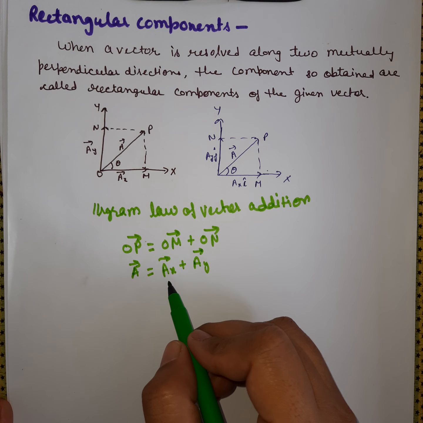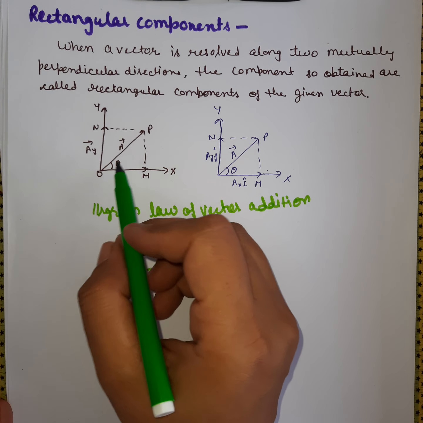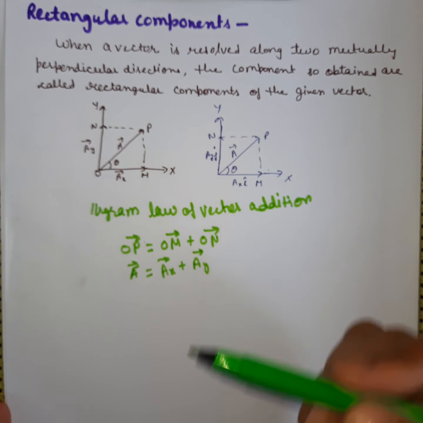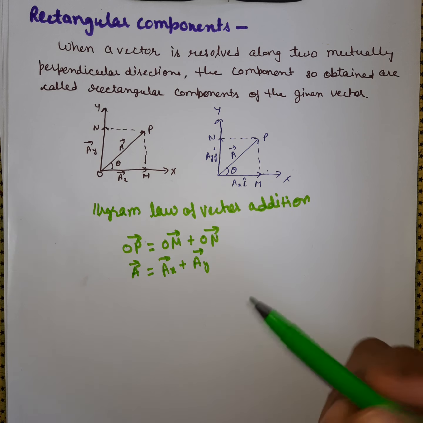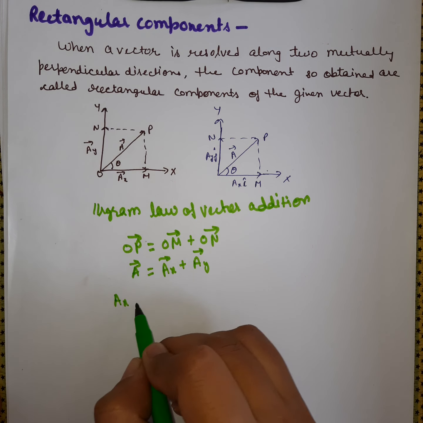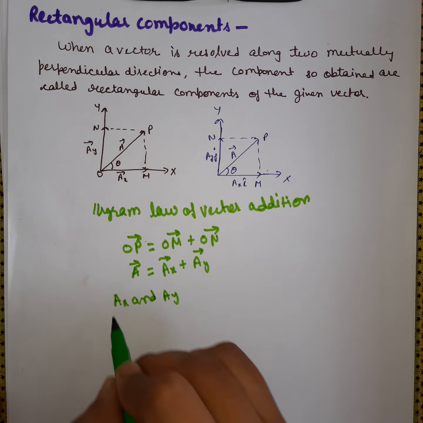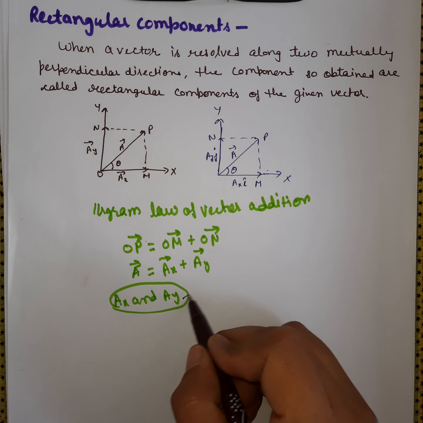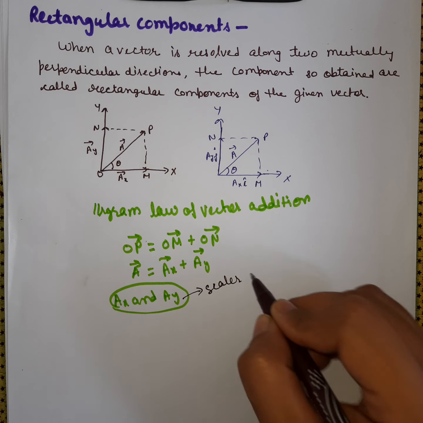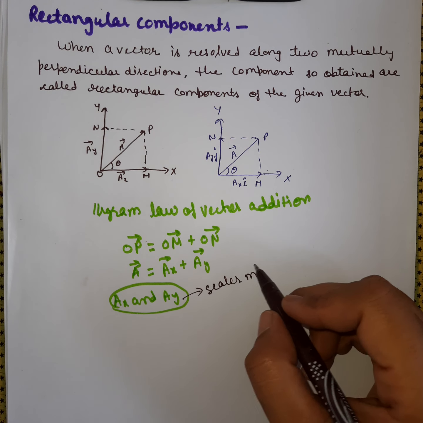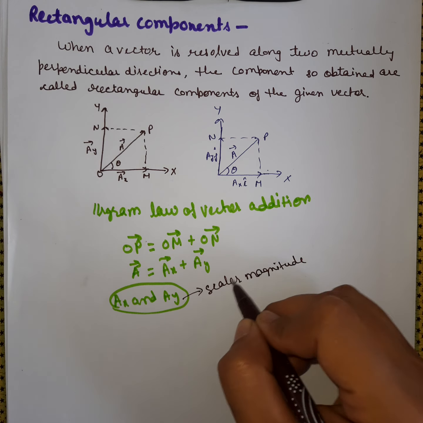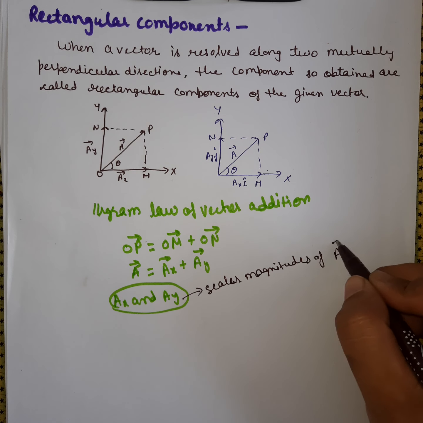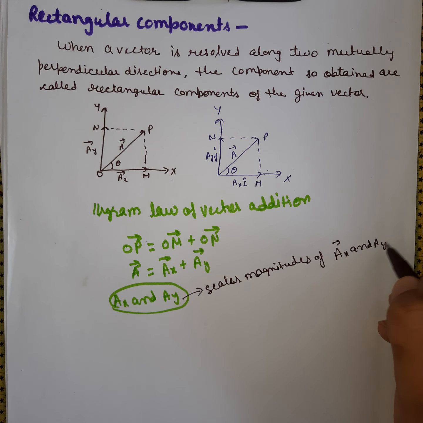Here AX is the horizontal or X component of A vector and AY is the vertical or Y component of A vector, and these AX and AY are scalar magnitudes of AX vector and AY vector.